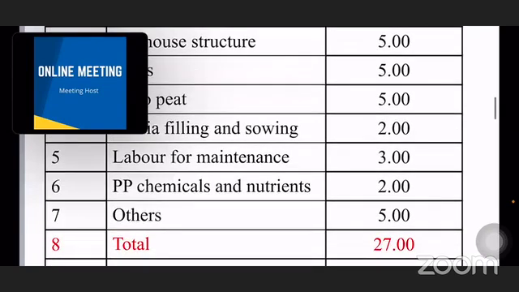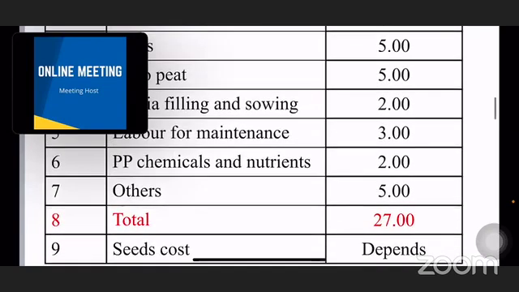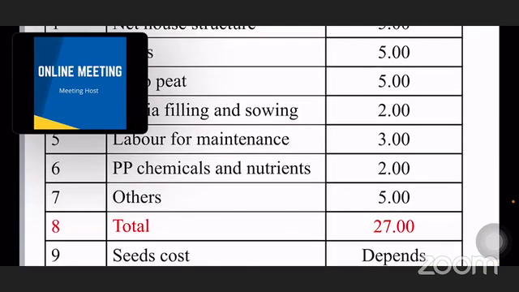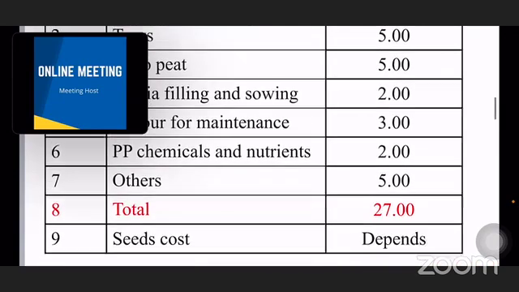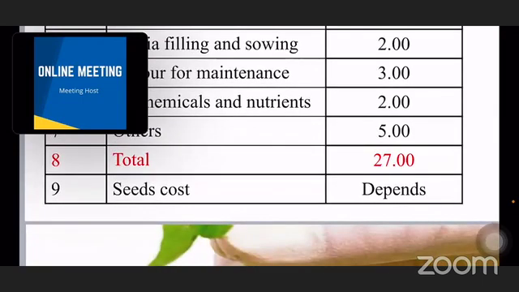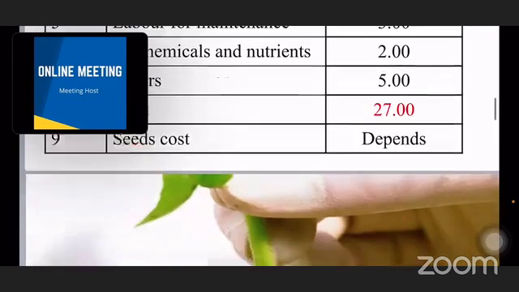Then labor for maintenance 3 paise. Then plant protection chemicals like fungicides, insecticides, and other nutrients 2. Total 27 paise per seedling, like a normal nursery. This is not a high-tech nursery. And seed cost depends on the hybrids, varieties, etc. This is about nursery production.